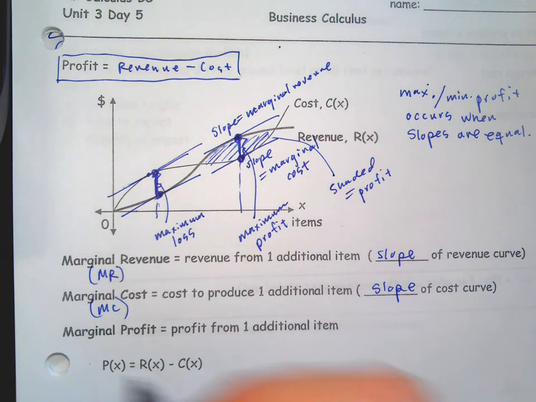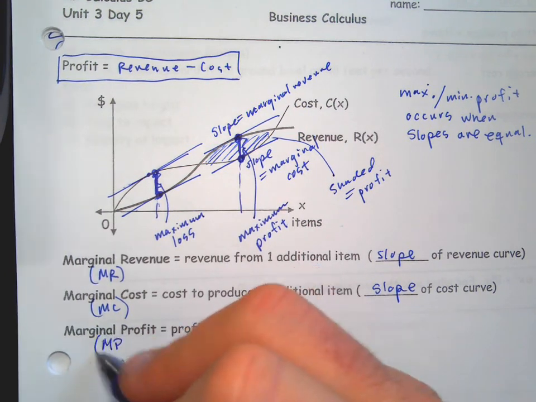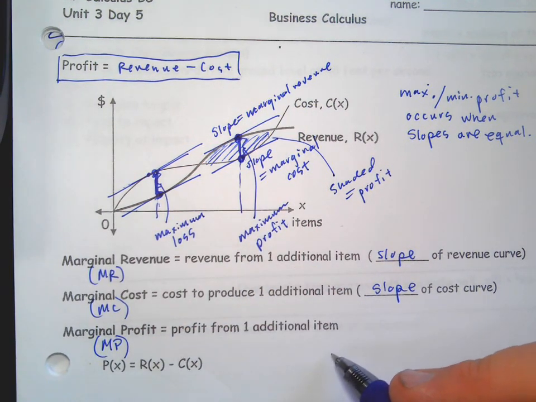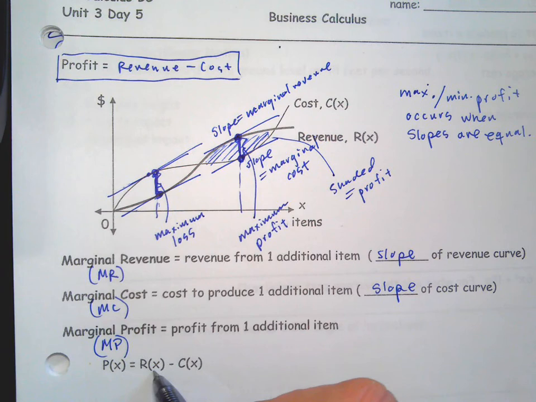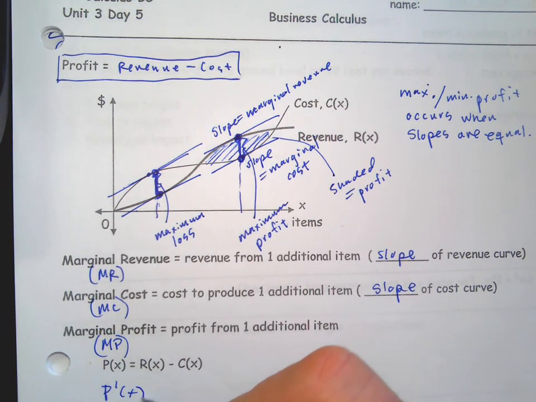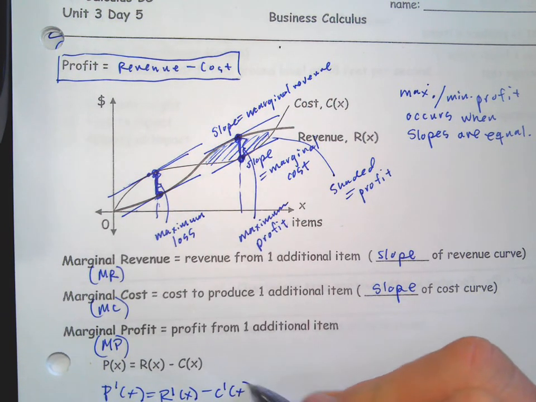And then marginal profit would be the profit of one additional item. That would be the slope of the profit curve, which we don't have, but profit equals revenue minus cost. So we could take the derivative of it to get the marginal profit. So this is the marginal profit.